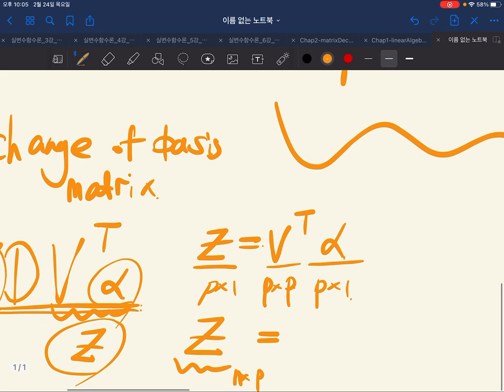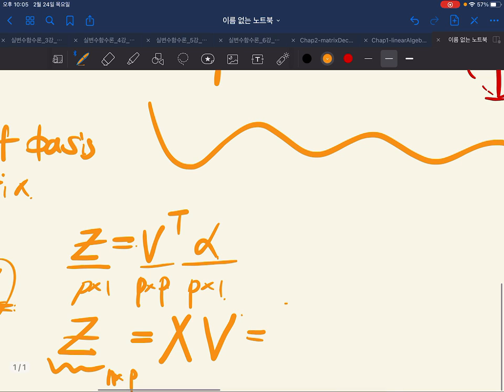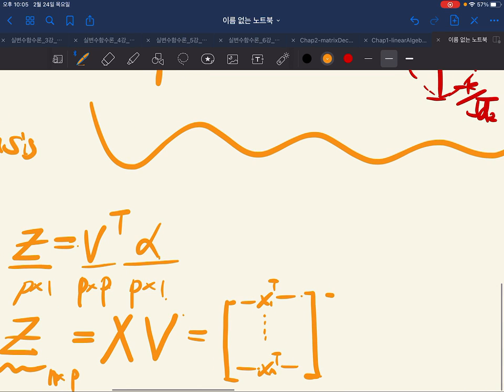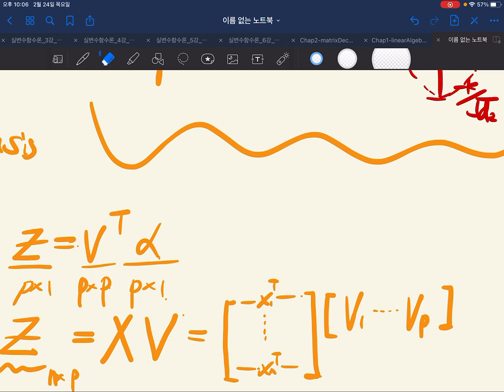So it's like this, X and V. We're talking here about the observation vector, which is expressed in the row, and the column vectors, or the eigenvectors, like this.